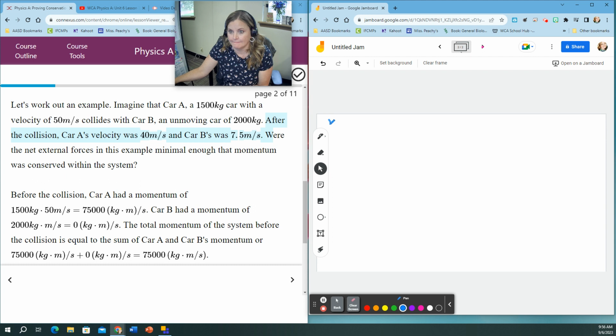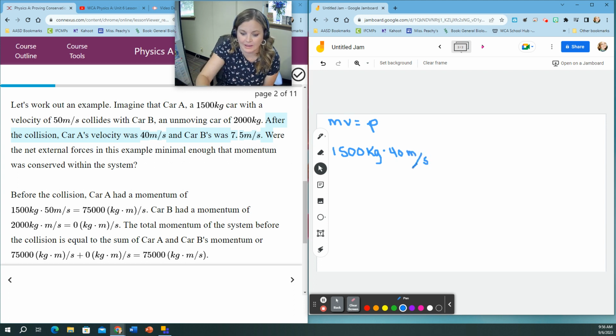Again, mass times velocity is equal to momentum, right? The mass didn't change. It's not like it got smaller, so it's still 1,500 kilograms. And it's now traveling at a velocity of 40 meters per second.